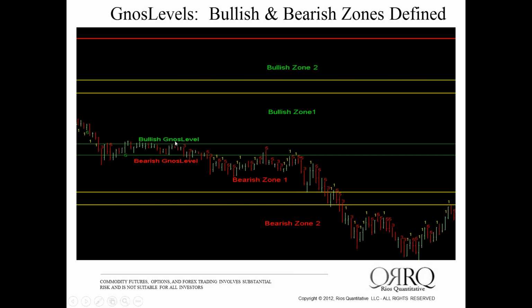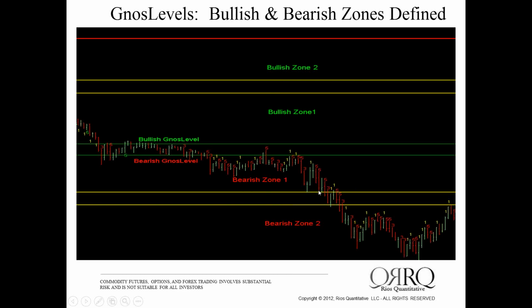So we have a bullish level and a bearish level that denote the bullish region of the chart and the bearish region of the chart. These double yellow lines are resistance levels, which I'm going to go to now on my charting platform. And they are targets.